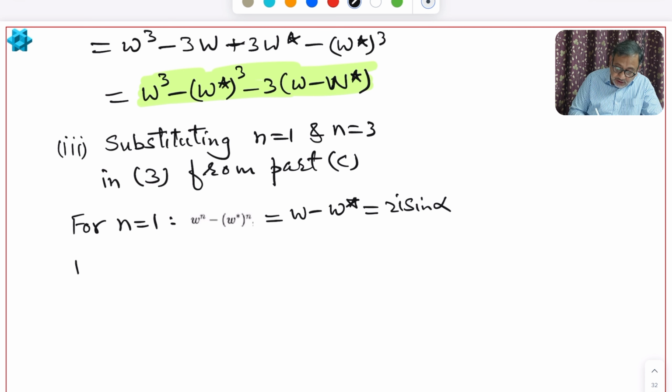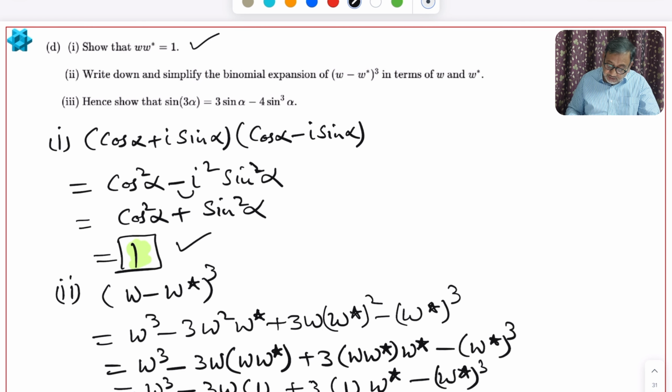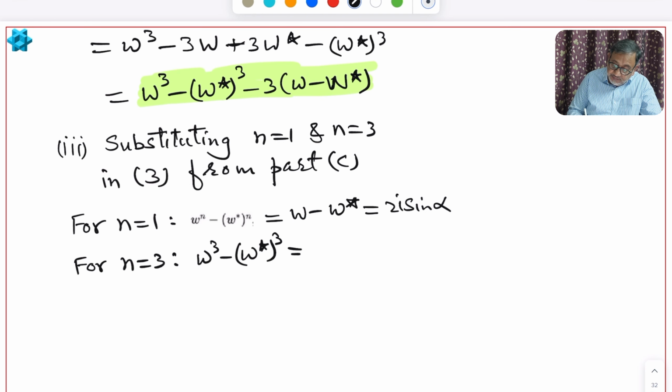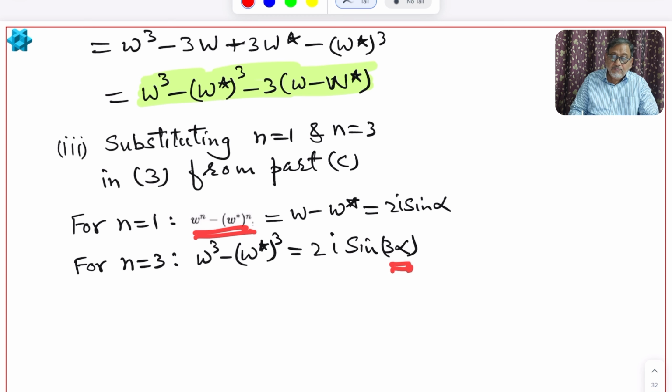And for n is equal to 3, w to the power 3 minus w conjugate to the power 3, from the same result, is 2i sin 3 alpha, because the result is 2i sin n alpha, and n is 3.